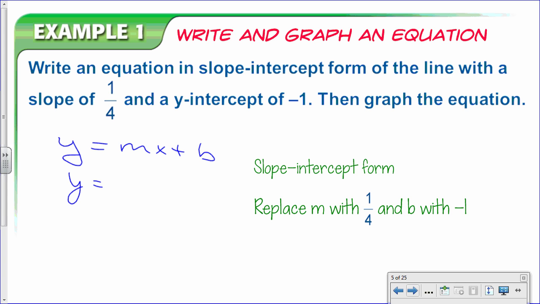No. Replace m with 1/4, right? Do I replace the x? What about the b? Is it a plus -1? Do I write it like this? It's a little confusing, isn't it? How would I write it then? Minus 1, right?